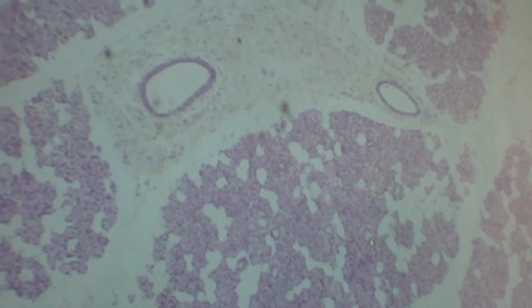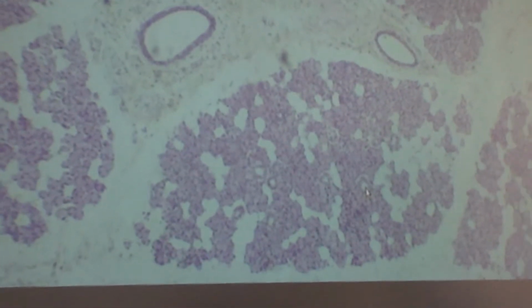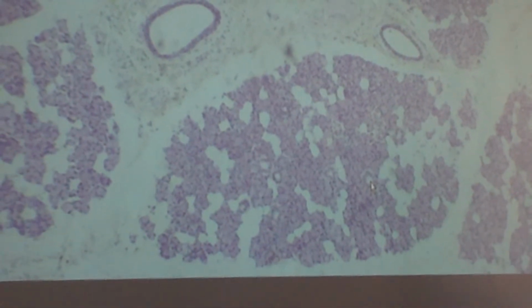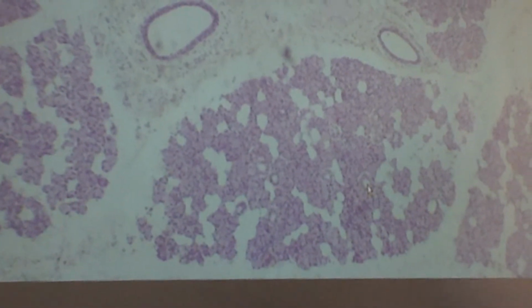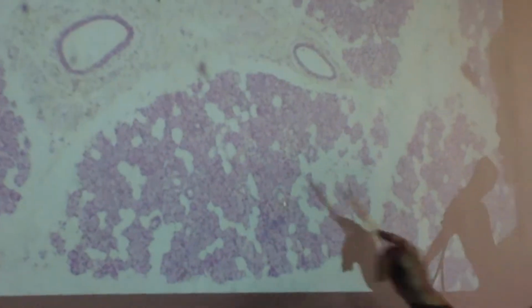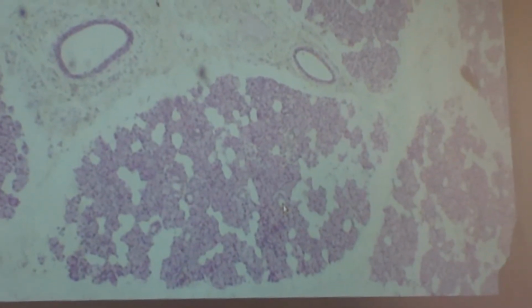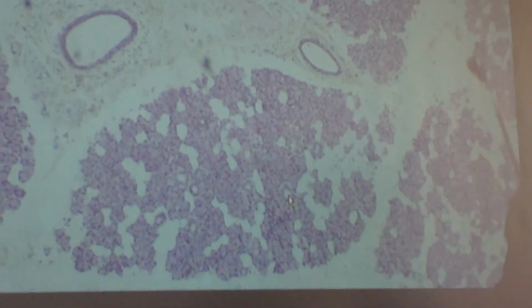That is the difference between the two. Inter is in between lobules, surrounded by the interlobular septa. Intra is inside the lobule, surrounded by acini. And usually the intralobular ducts are smaller in size compared to the inter.